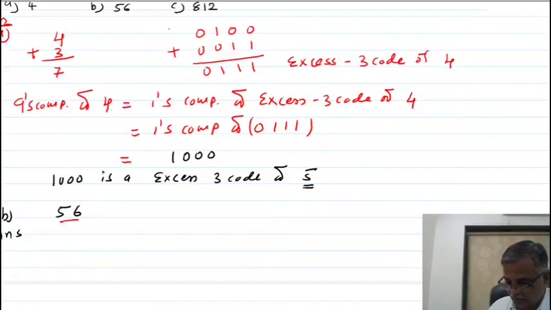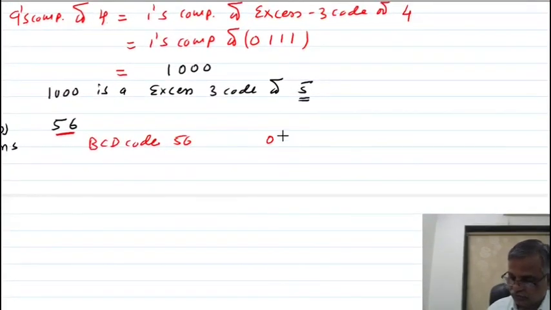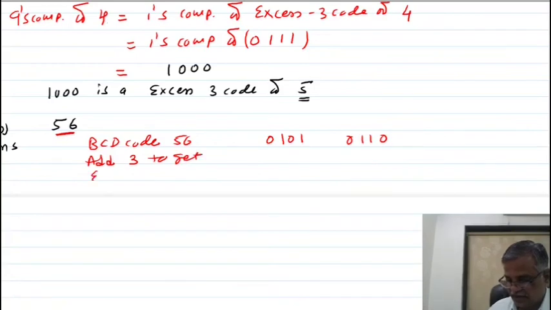56. I want to find XS3 code. So first I am writing BCD code of 56: 0101 and 0110. Add 3 to get XS3 code.